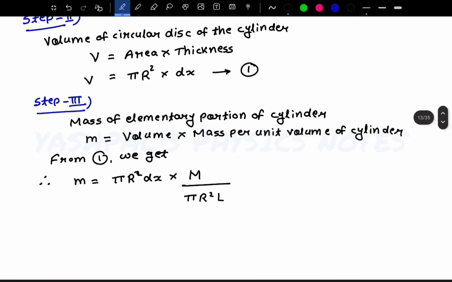Now here we can do some cancellation. Pi r square gets cancelled out. Now I am writing the remaining term. Therefore, small m is equal to capital M upon capital L into dx. So give this equation number 2.